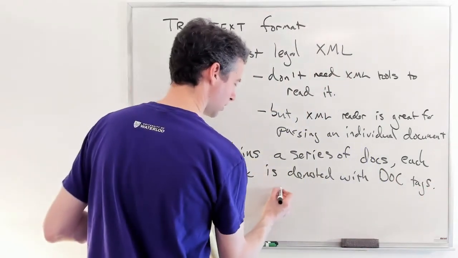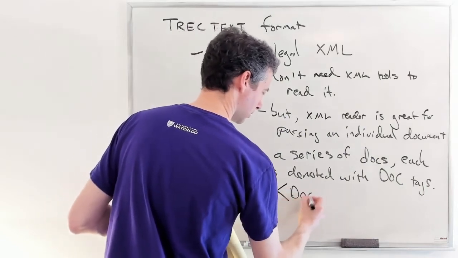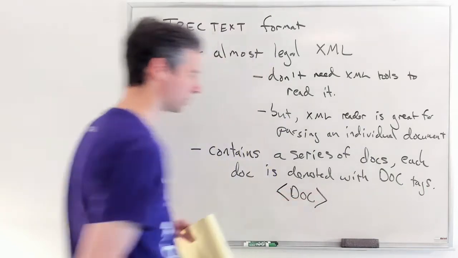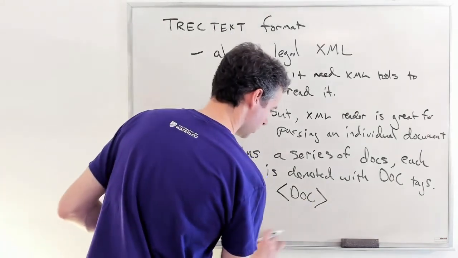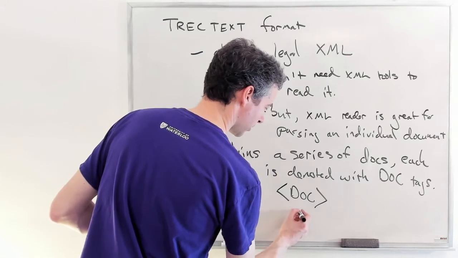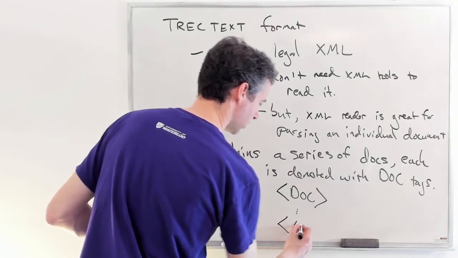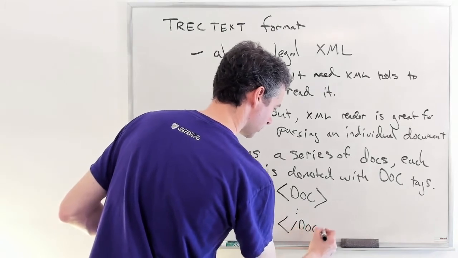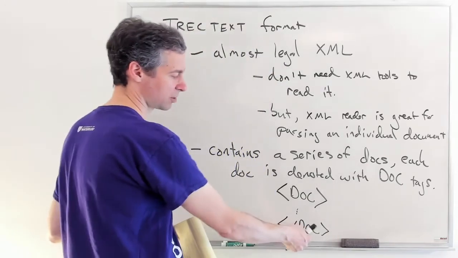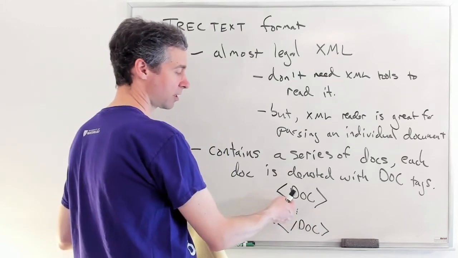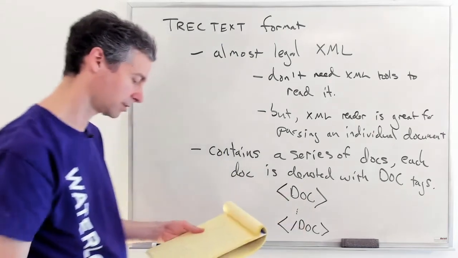You're going to see a document start with a tag that's doc, D-O-C, and then you're going to see the document. There's going to be stuff in between, and then you're going to see the document end with an end tag that matches. The end tags, like HTML, are always /tag name, whereas the start tags are just the tag name inside of the less than and greater than signs.